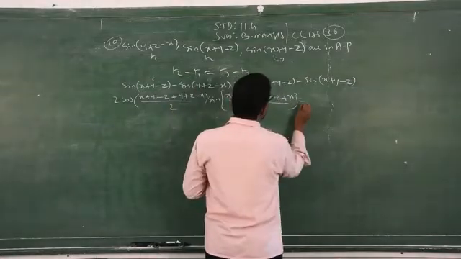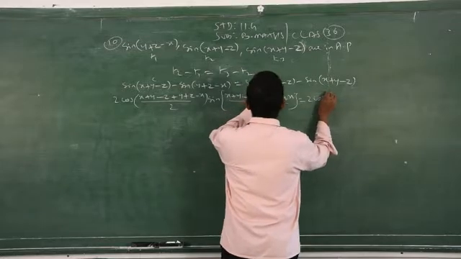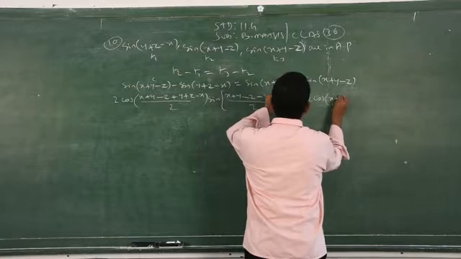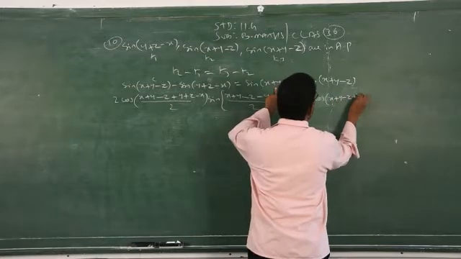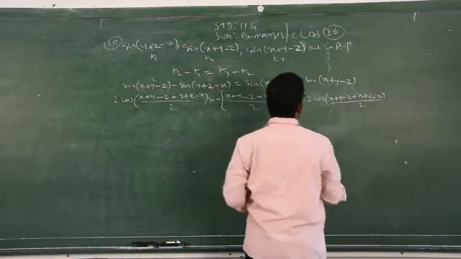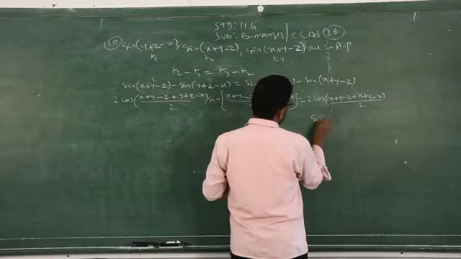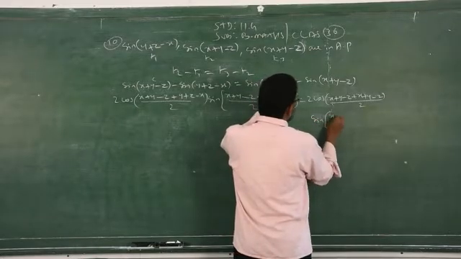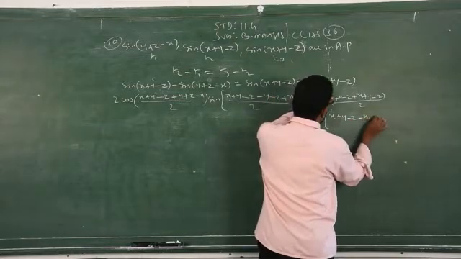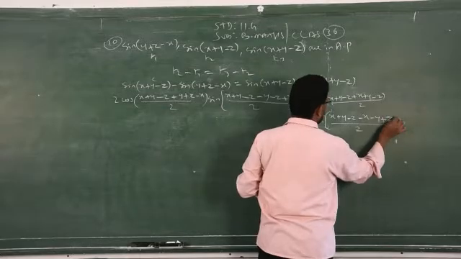Same as it is, 2 cos of (C plus D), so x plus y minus z plus, by 2, then into sine of (C minus D), where you have to change the sign. Close the bracket.